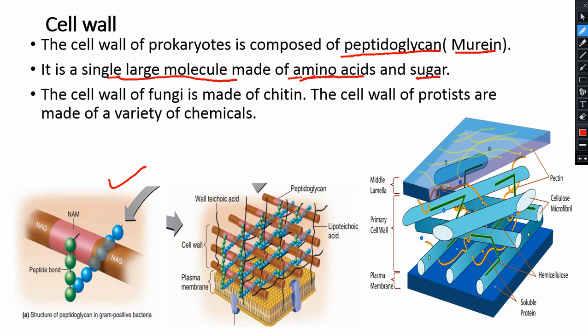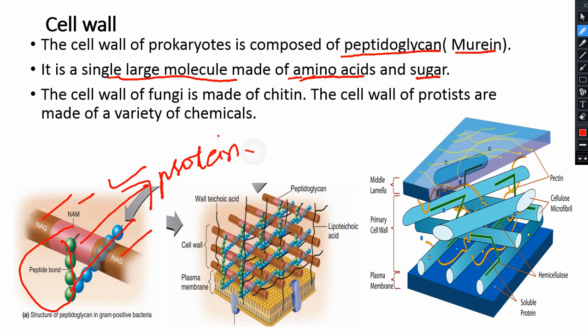The sugar part is this, NAG and NAM. This is the sugar part, and this peptide bond, which is in green and in blue, is the proteinaceous part, made from amino acids, and the sugar part is mostly made from carbohydrates.